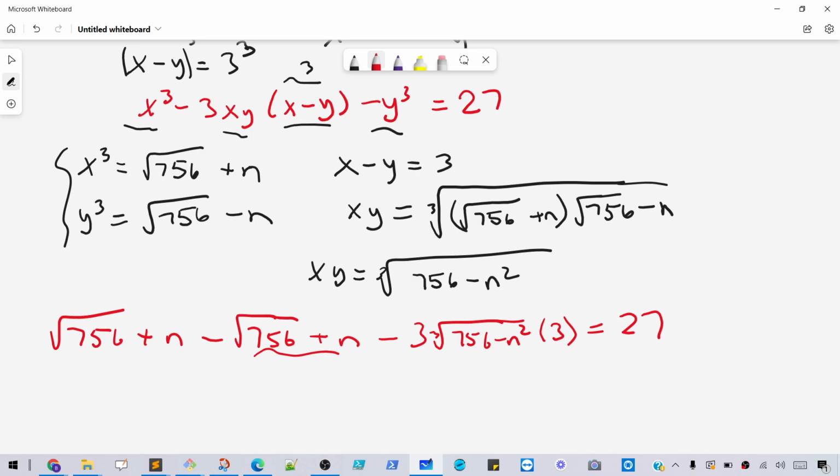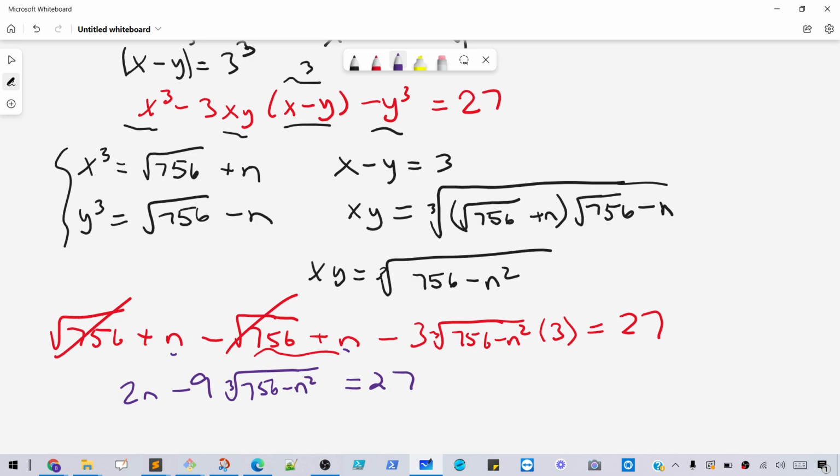You'll notice that the square root terms cancel because we're subtracting the same term, and we can combine the n's. We get 2n minus 9 times the cube root of 756 minus n squared equals 27.